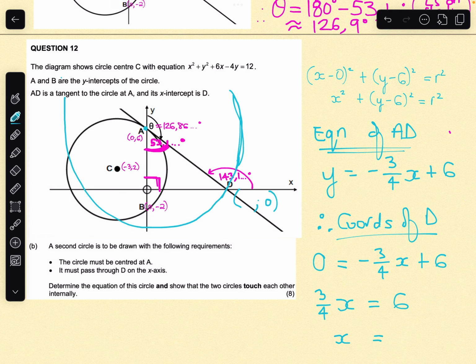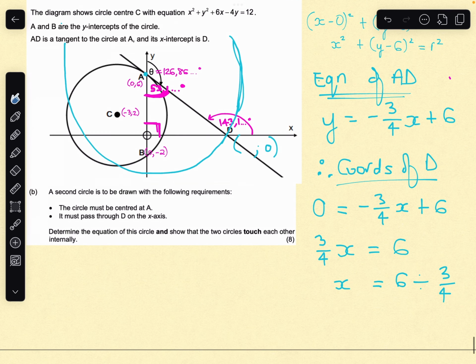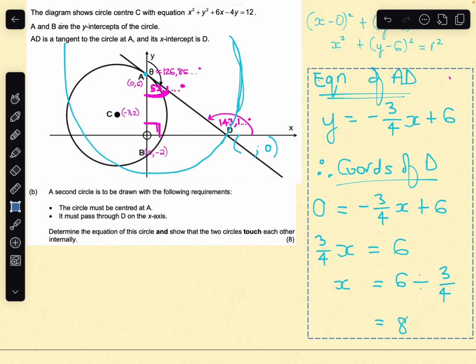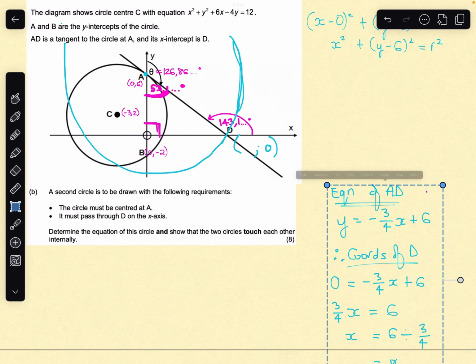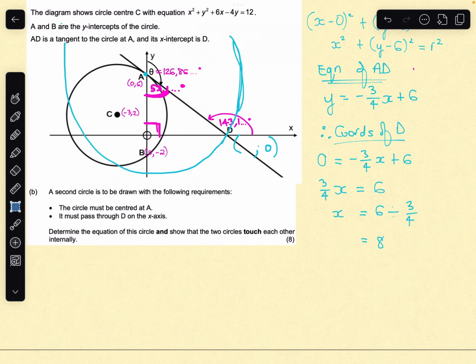Then we divide both sides by 3 over 4, which is the same as multiplying by 4 over 3, which will then be 8. And so therefore the coordinates of D are 8 and 0.